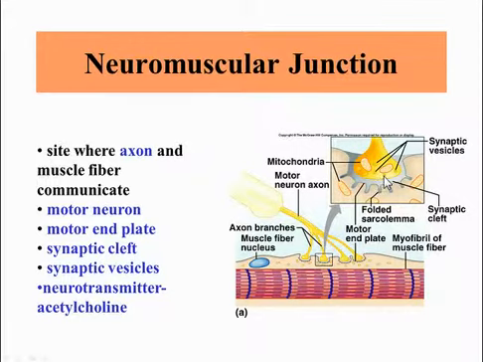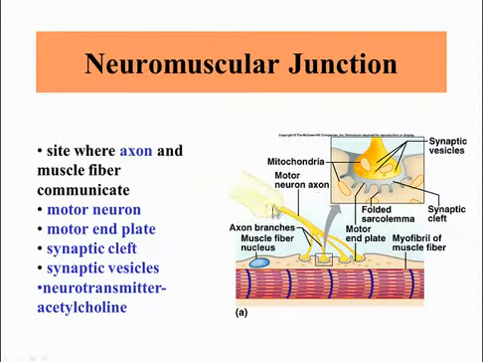So these are little storage containers, these synaptic vesicles, and they hold chemicals, and these chemicals make something happen here when they're released. Okay, so the neuromuscular junction, neuro having to do with the nervous system, the neuron, the fiber of a neuron, the axon comes in contact with the muscle, neuromuscular junction.